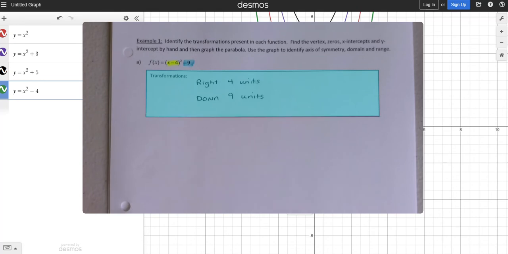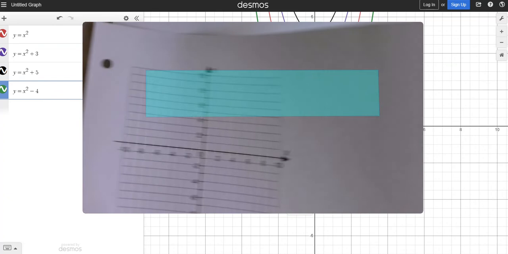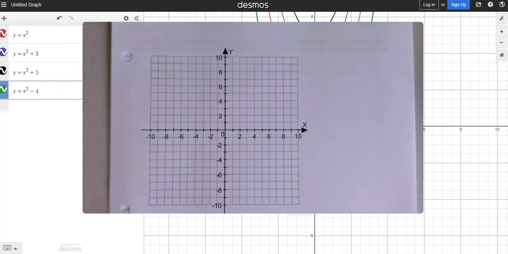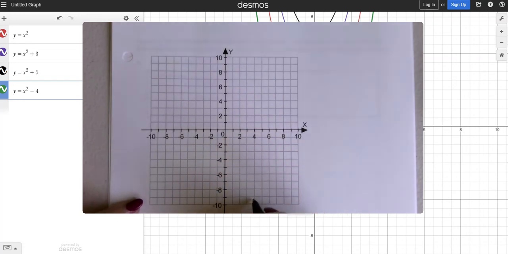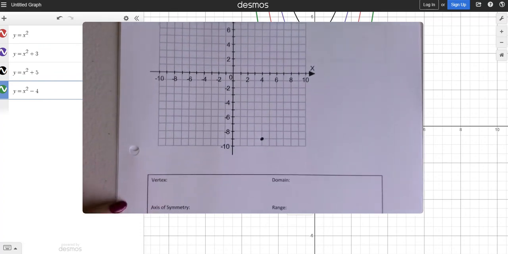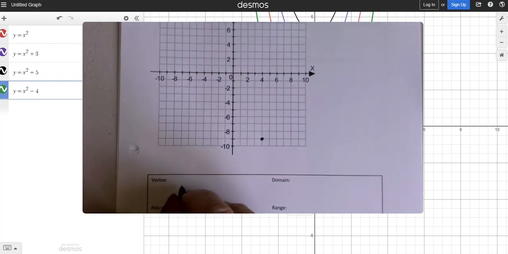So hopefully your facing page should look like this. If I've gone right 4 units and down 9 units, that puts my new vertex right there at the point (4, negative 9).